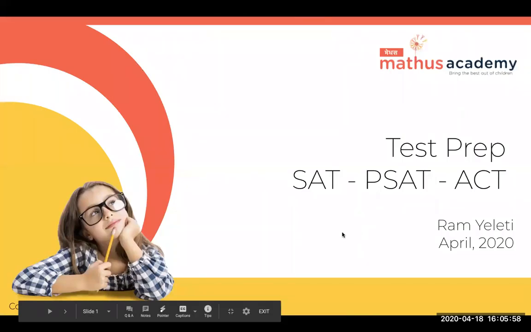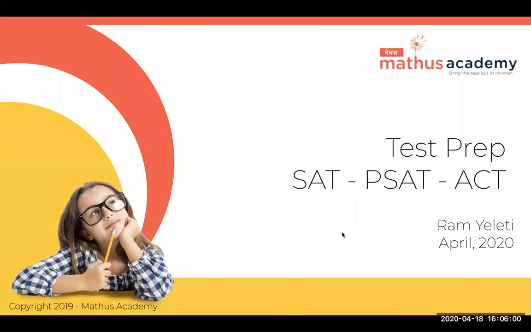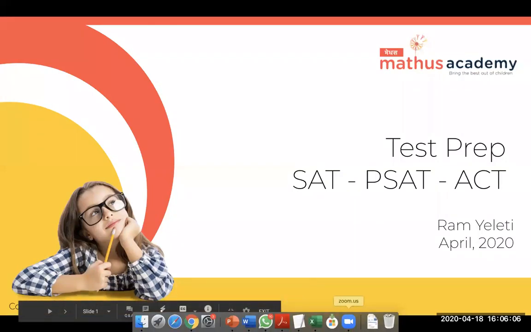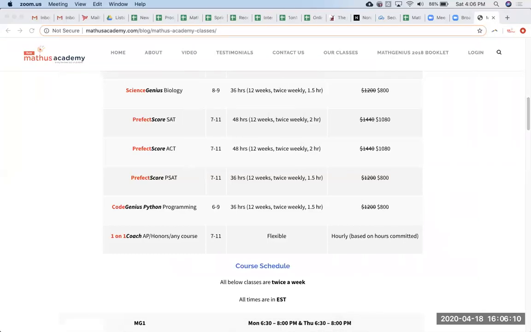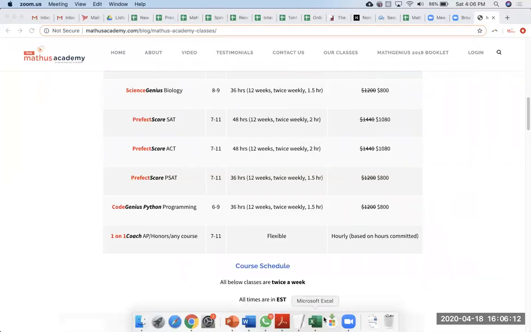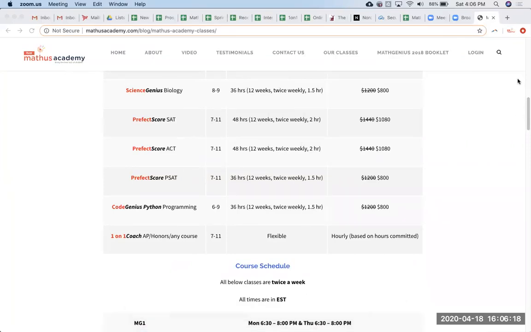So can you all see my screen? It says test prep, SAT, PSAT, ACT. Can you see that? One of you type yes, that I'm assuming everybody, and I just switch the screen again.